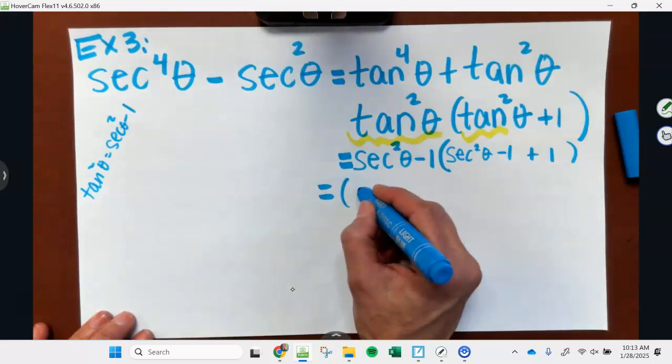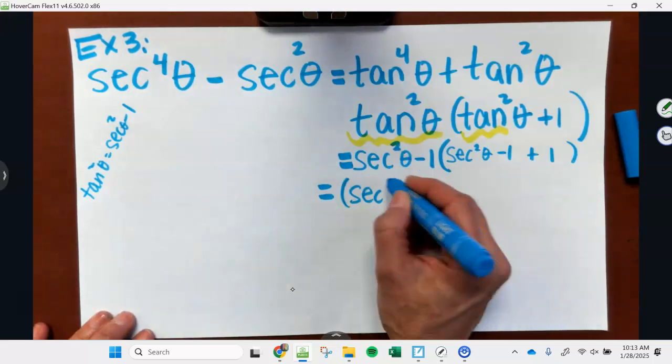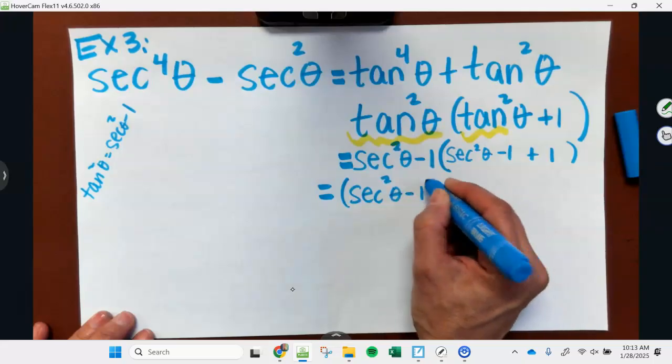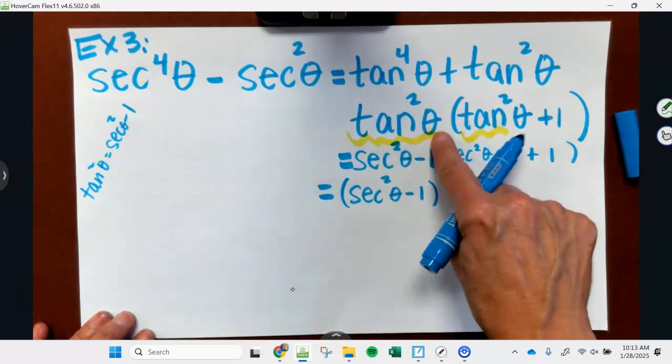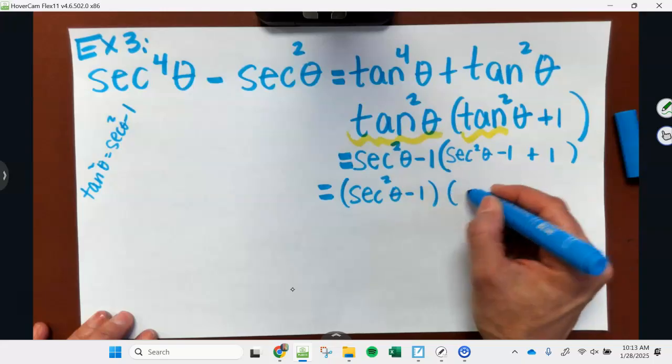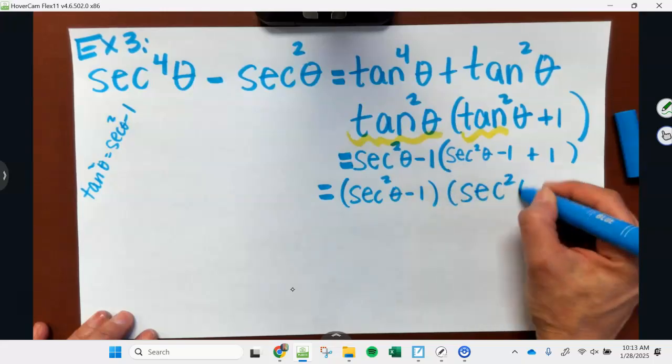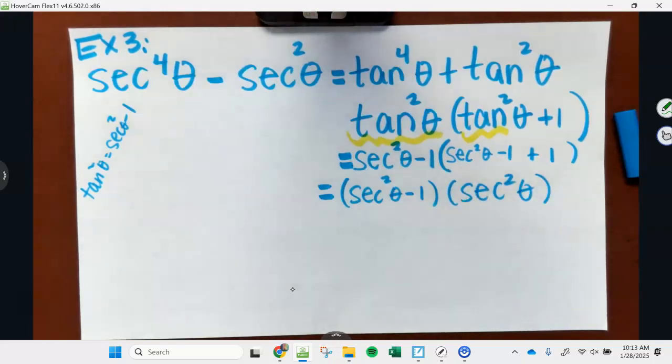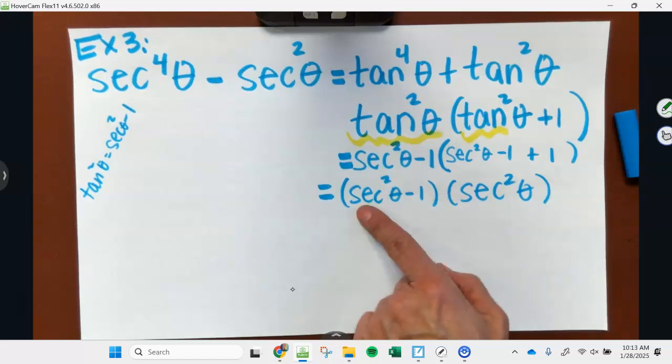So I'm just going to rewrite this first part in parentheses, because those two terms, remember it was tangent, those two terms are going to be multiplied by secant squared theta. So we're going to have to distribute, but we're distributing kind of backwards. We're distributing this to these two.